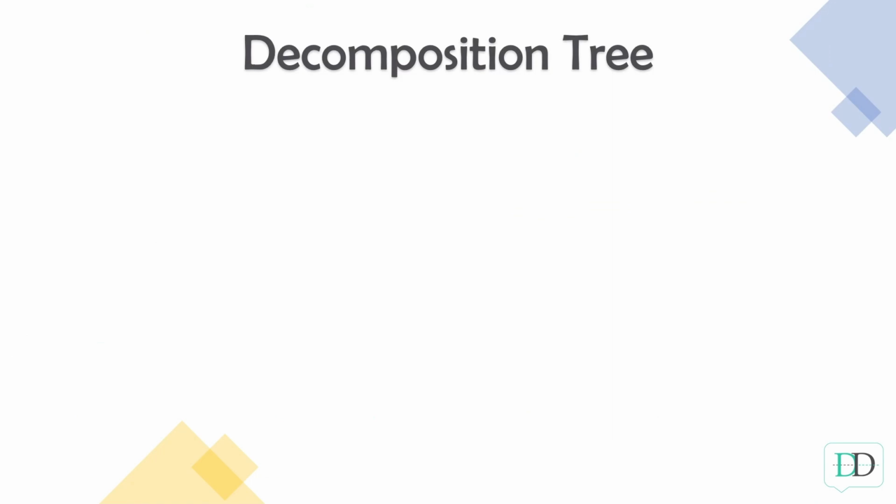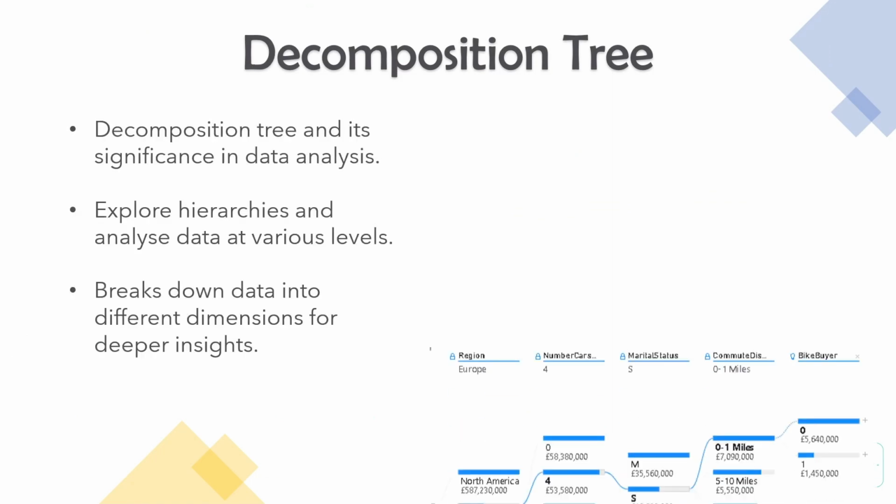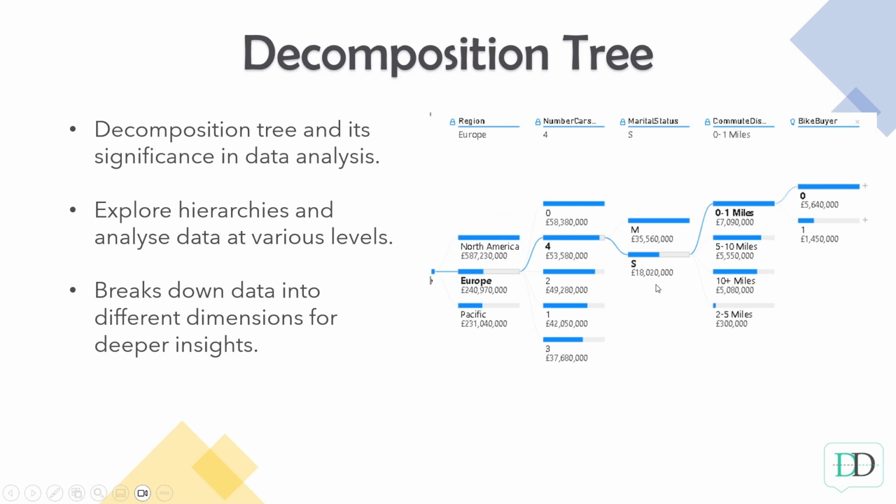Here is one of the interesting AI visuals called the decomposition tree, and you can see the visual, how it looks. A decomposition tree is the same as the previous ones, but here you can work on this very easily. Mainly this decomposition tree is used for knowing the root cause of any issue or any problem.